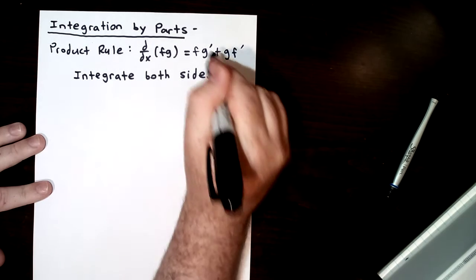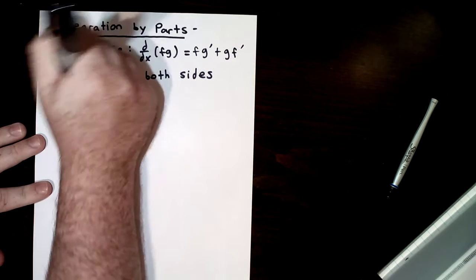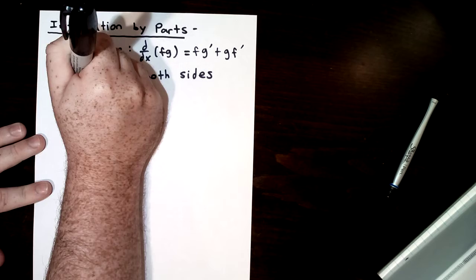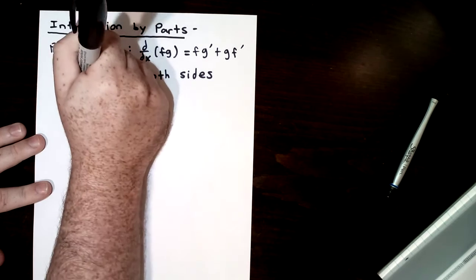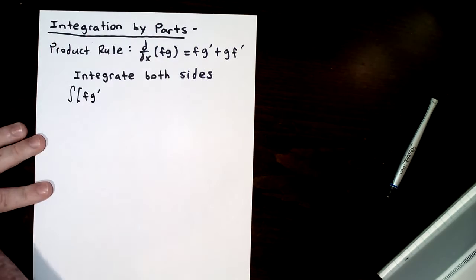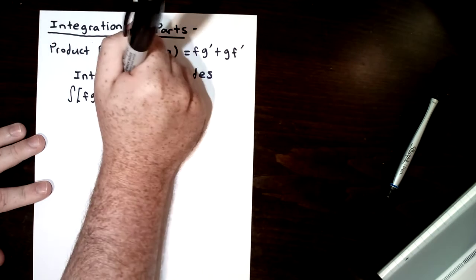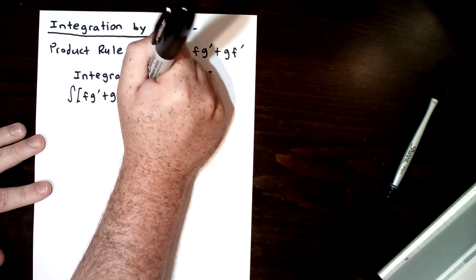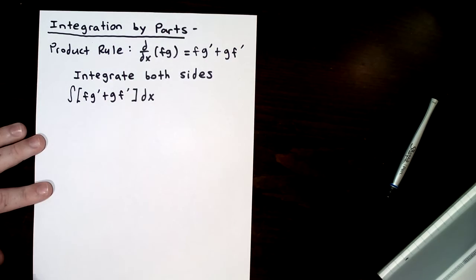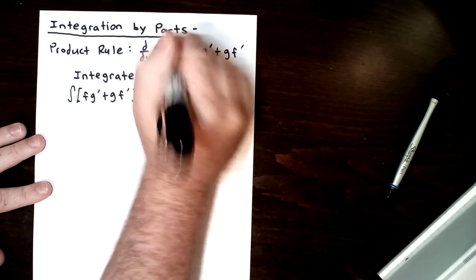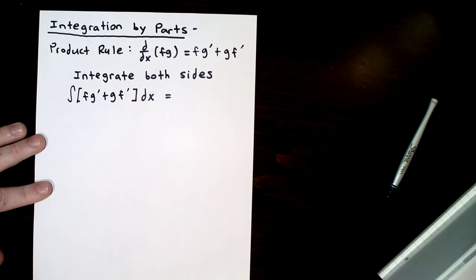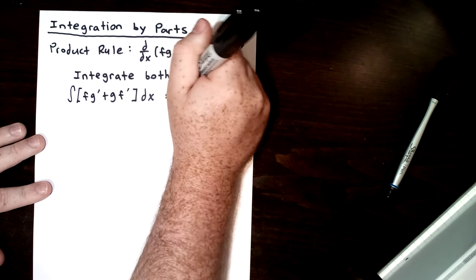We're going to do the right side first and then the left. So the integral of fg prime plus gf prime dx is going to be equal to the integral of the left side, and that's simply going to be fg.